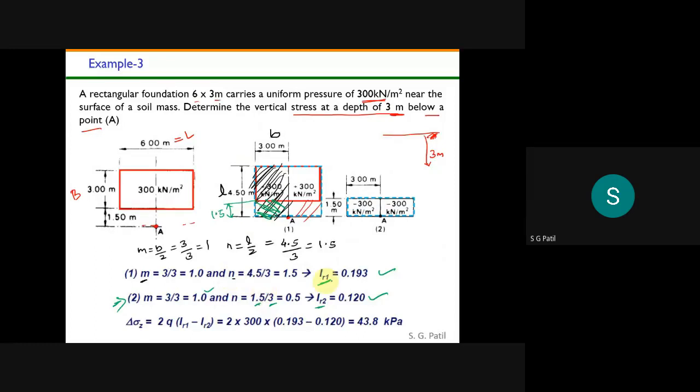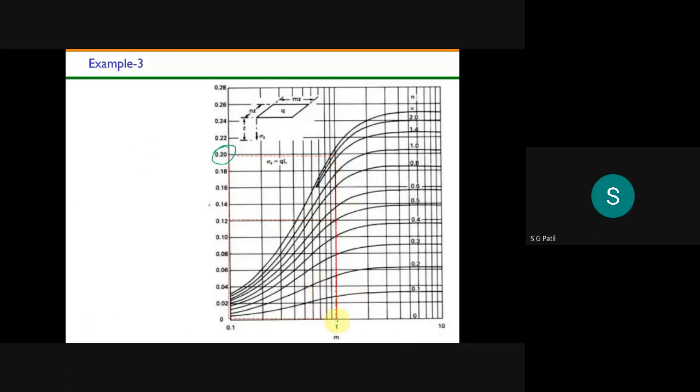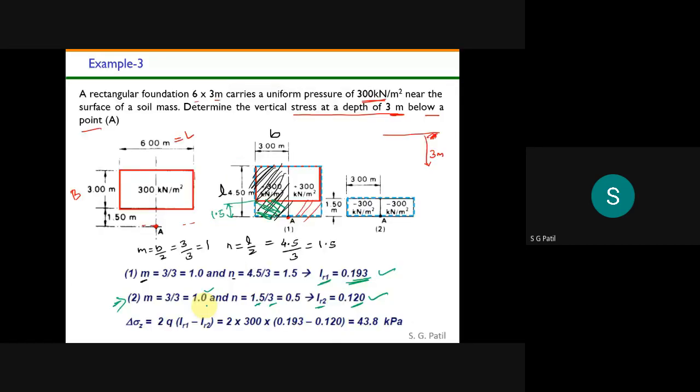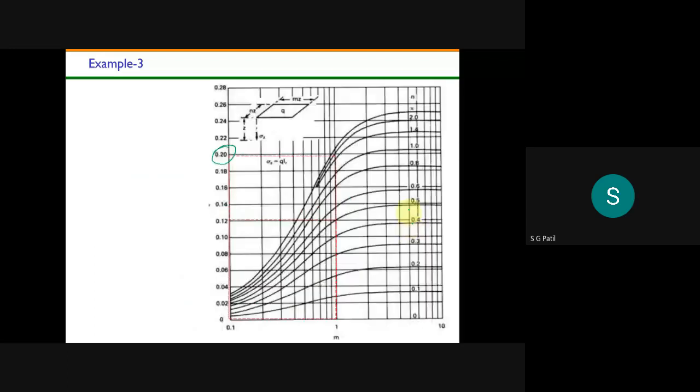Similarly, IR2 is 0.12. So this is how I got by looking at M is equal to 1 and N is equal to 0.5. So for M is equal to 1 and N is equal to 0.5, what is my influence factor? 0.12. That's why here 0.12 I got.